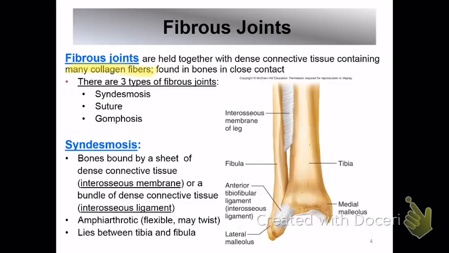Syndesmosis, what is that? Bones bound by a sheet of dense connective tissue. Look at this picture. This is the tibia and fibula, and they're held together. That's syndesmosis, where a fiber holds 2 bones together.